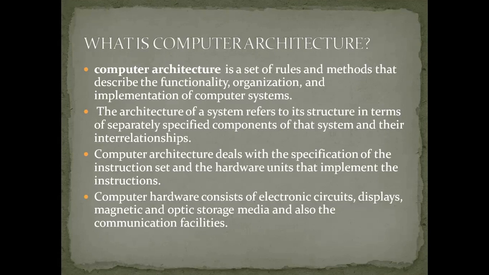Computer architecture deals with the specification of the instruction set and also the hardware units that implement the instructions. In a computer, hardware consists of electronic circuits, displays, magnetic and optical storage media, and also communication devices. So a computer is a combination of hardware and software.